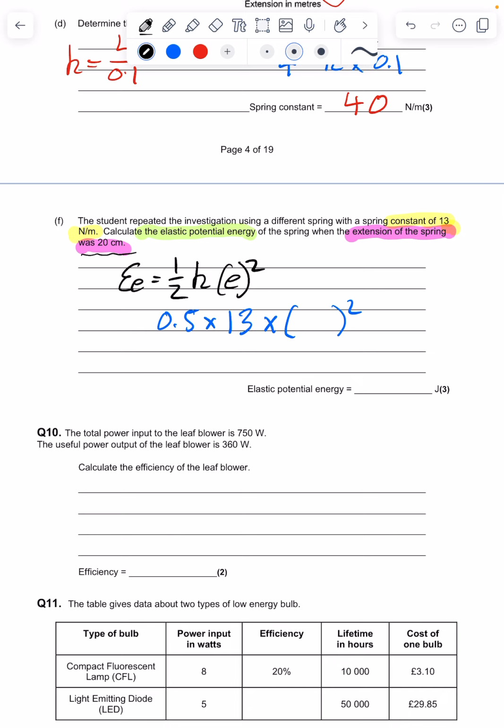Now, this needs to be in meters. So when we rearrange that, we've got 0.2 meters. 20 centimeters is 0.2 meters. And when that goes into our calculator, we should get 0.026 joules.